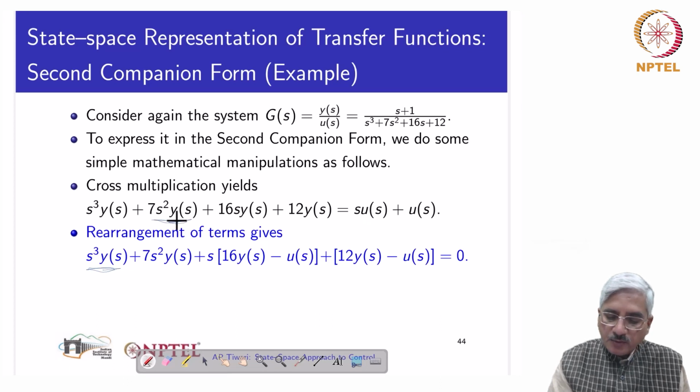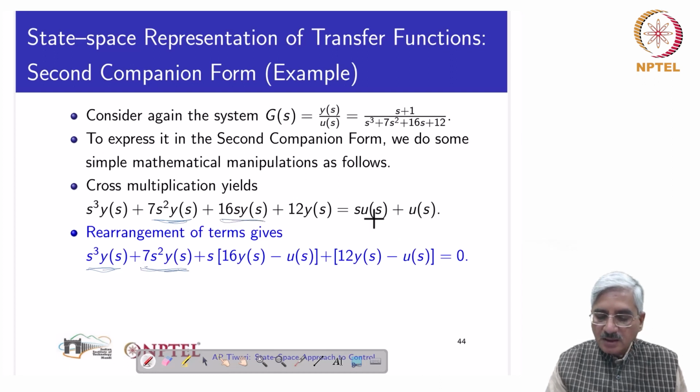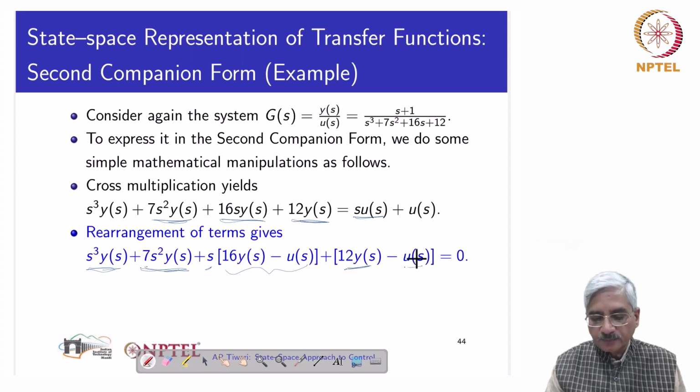Similarly, s square term is not there with u, so we keep this also alone. However, we have s Y(s) and s U(s), we bring them together, so we will have 16Y(s) minus U(s) with s taken out, and the constant term without s power, 12Y(s) and U(s), they are put together.